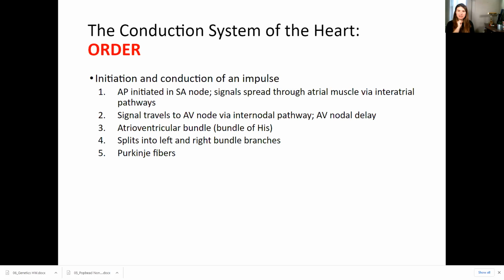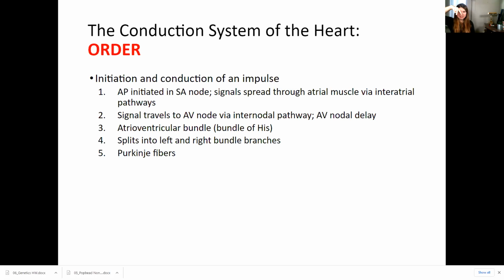AV stands for atrioventricular. From the atrioventricular node, we then go into the atrioventricular bundle, which is the same thing as the bundle of His. So that's starting to go between our two ventricles in the wall, called the atrioventricular septum.